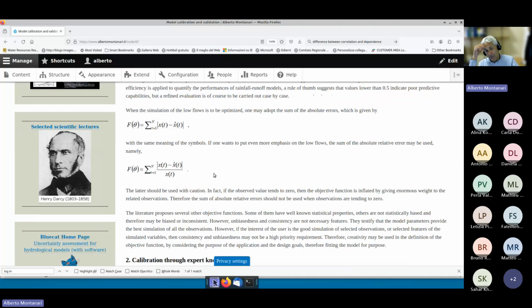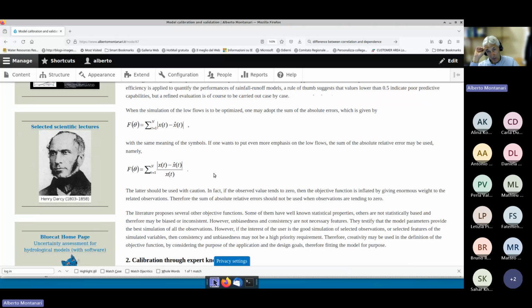It is like the summation of the absolute percentage errors. It's not really a percentage because you get any error and divide the error by the corresponding observation. So in order to get a percentage, you should multiply by 100, which is not the case here. So we call it the sum of the absolute relative errors.